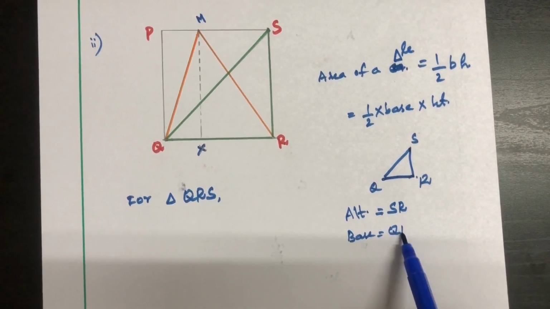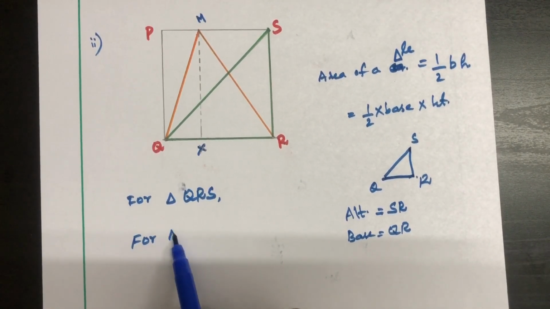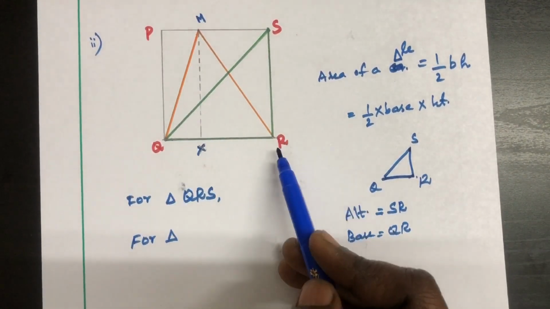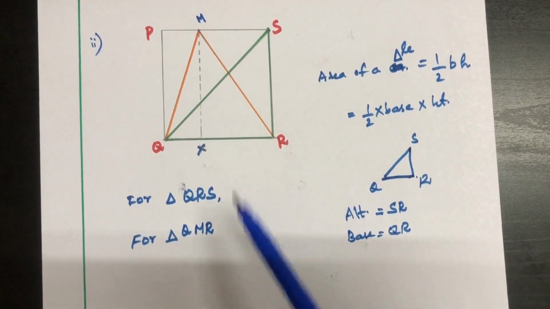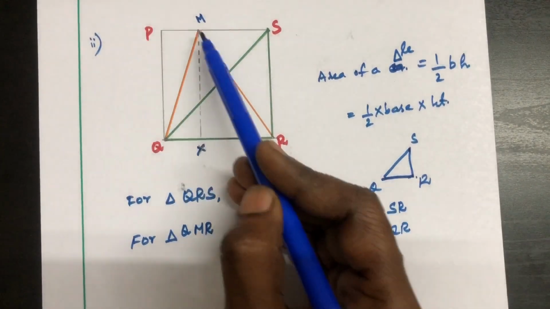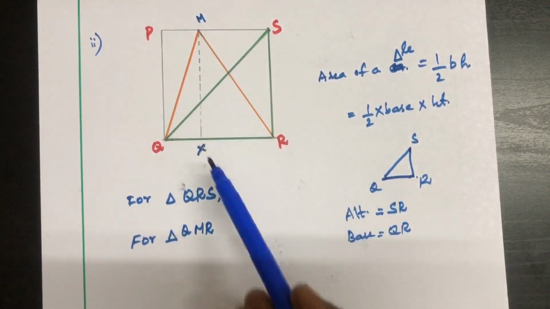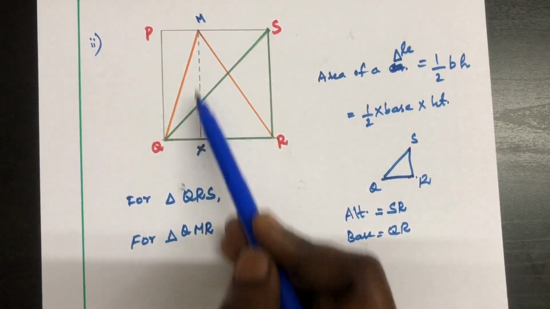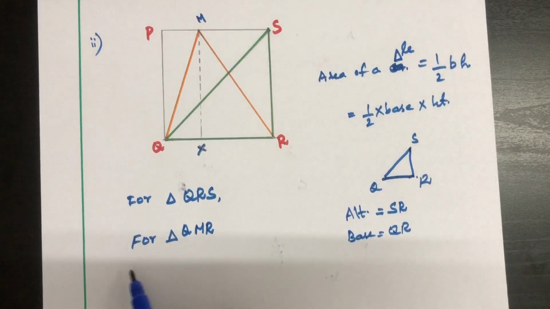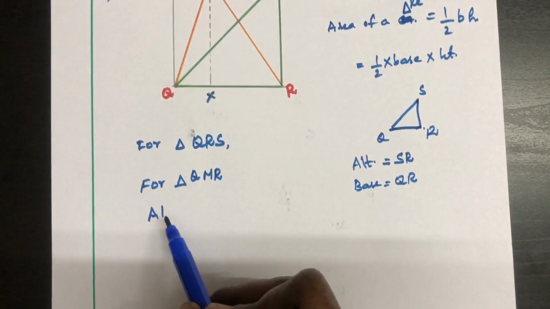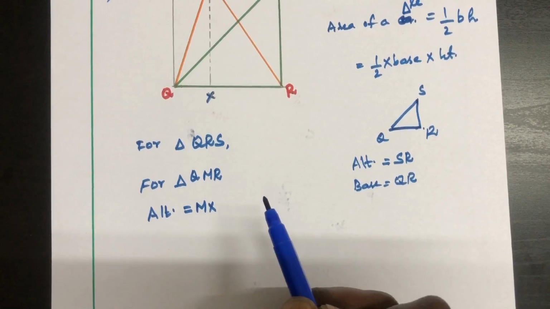Similarly, for triangle QMR, listen carefully. What is the altitude for this triangle? We just drew MX, so the altitude is equal to MX.